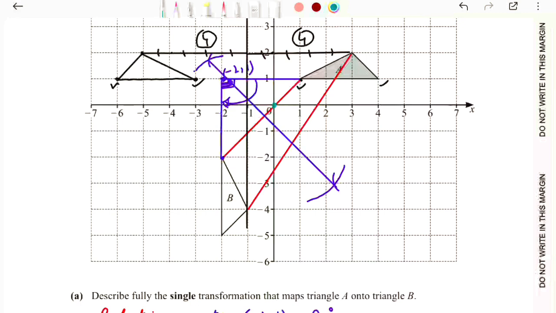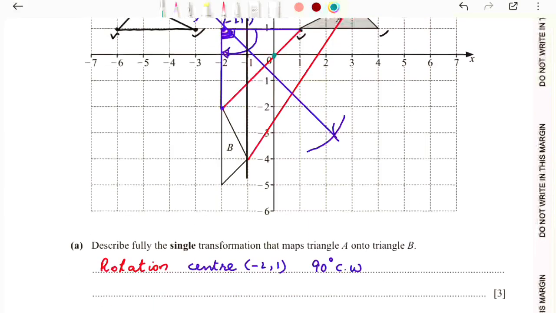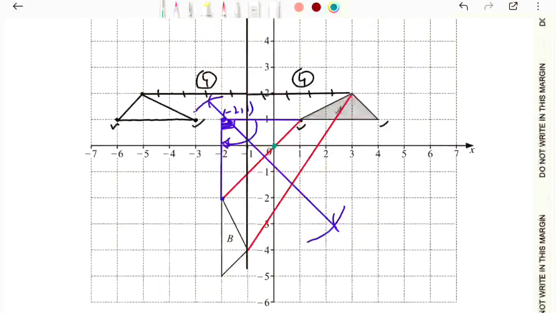A very easy thing is that we can read out the coordinates of triangle A according to this origin. So the first coordinate would be 1, 1, and the second coordinate would be 4, 1, and the third would be 3, 2.